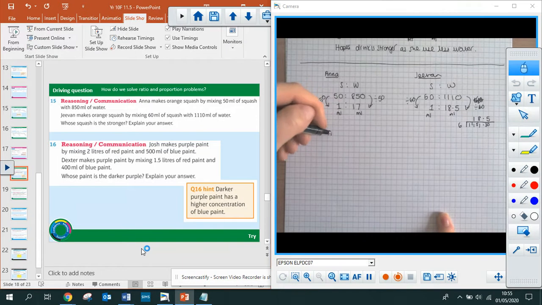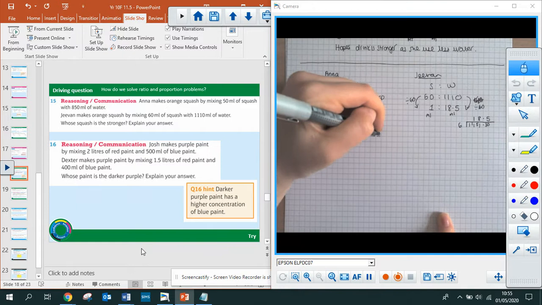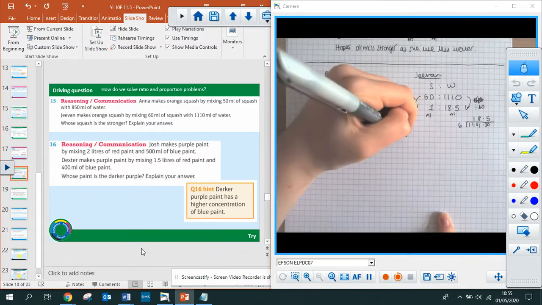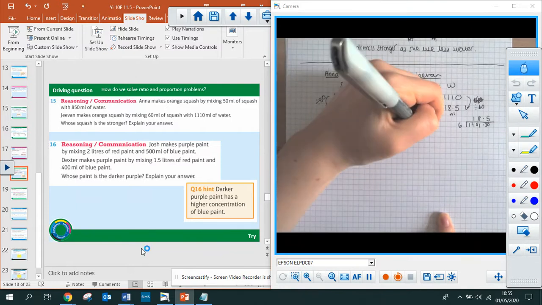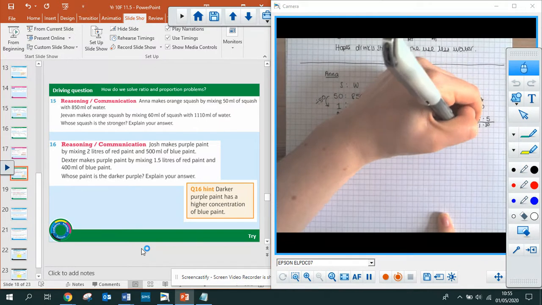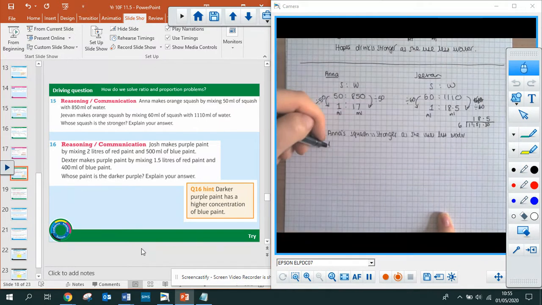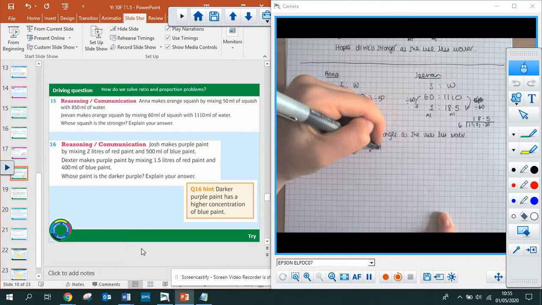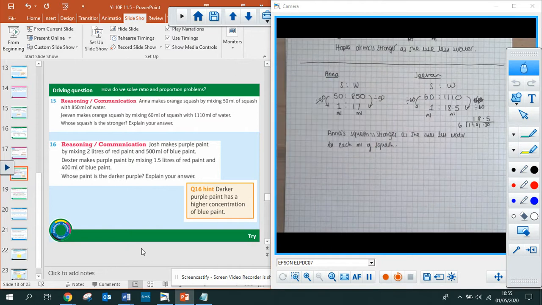So Anna's squash is stronger as she uses less water to each milliliter of squash. So hers is stronger.